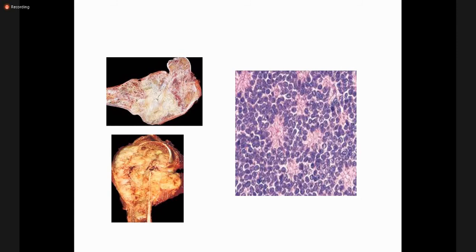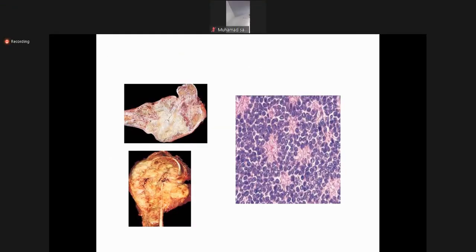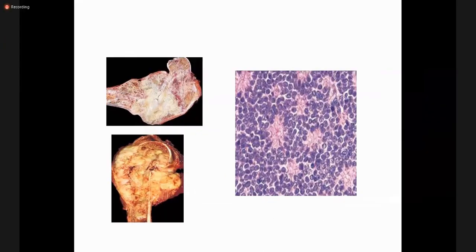And if we look for the site, there are some sites which have favorable prognosis, like distal extremity, proximal extremity, then unfavorable prognosis for the pelvis. Then size, if the tumor is less than 8 centimeter in greatest diameter, then it has a favorable prognosis.